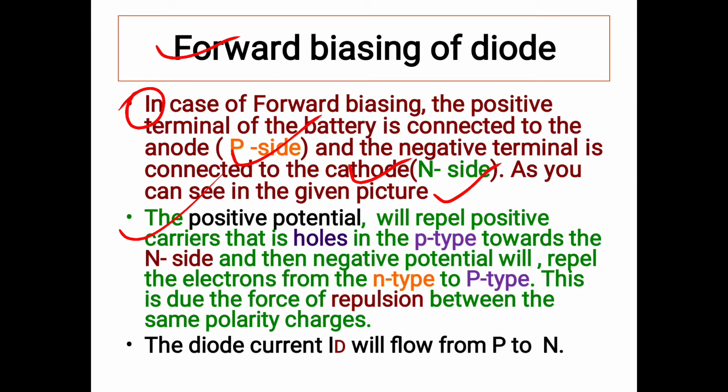So the positive potential will repel the positive carriers, that is holes in the P type, towards the N side, and the negative potential will repel the electrons from the N type to the P type. This is due to the force of repulsion between same polarity charges.